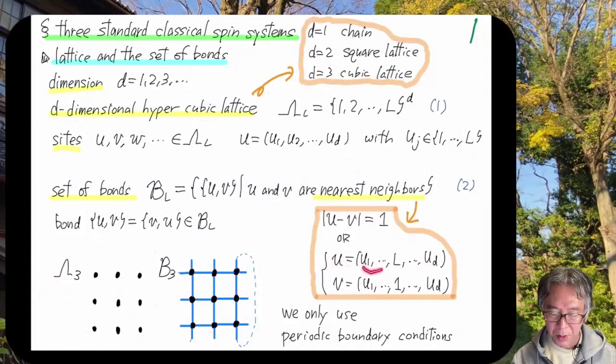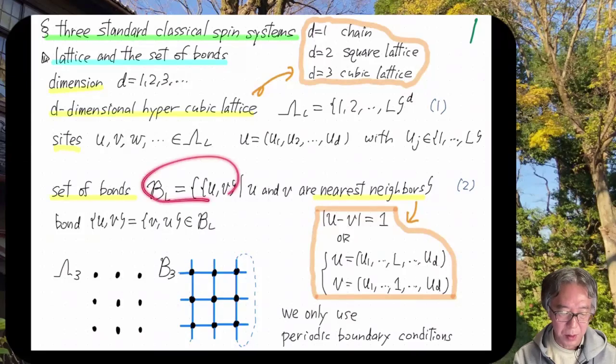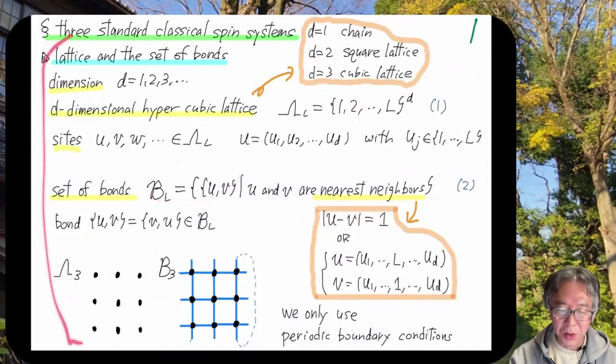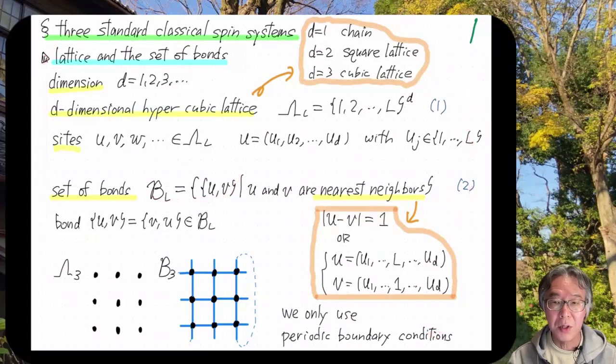These parts I regard as the same, and these parts are the same. Only these parts are different, and it's L here and it's 1 here. So this one and this one are also neighbors. I think most of you are familiar with this notion of periodic boundary conditions. So this is our set of bonds. I'm going to use this definition throughout this mini course.